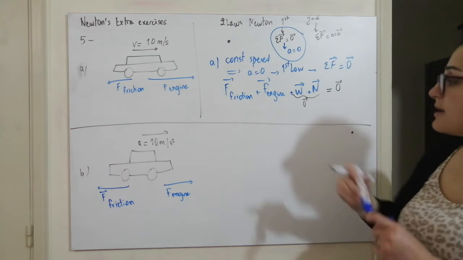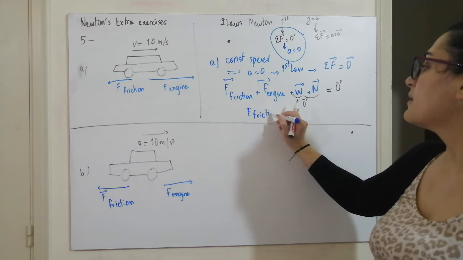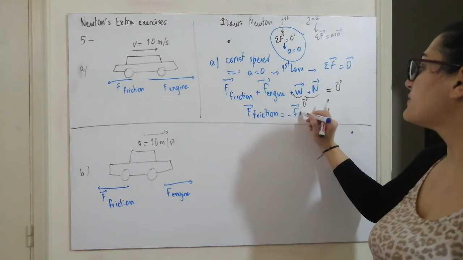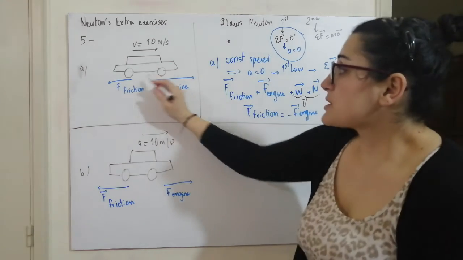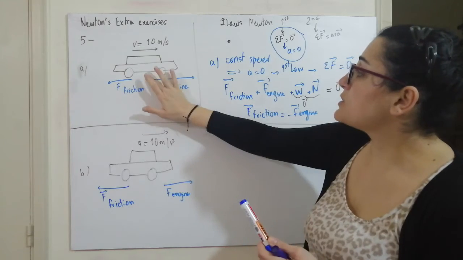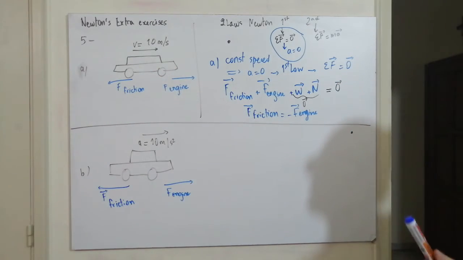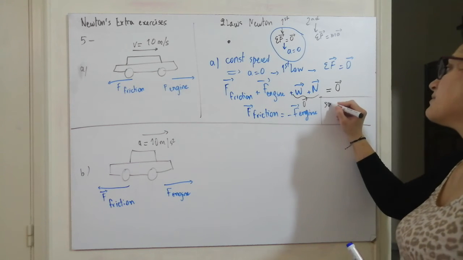It means that F of friction equals minus F of engine if we're talking as vectors. These two forces have the same magnitude, but they have opposite direction. So in this case, same magnitude.